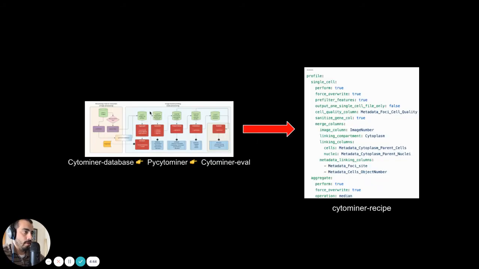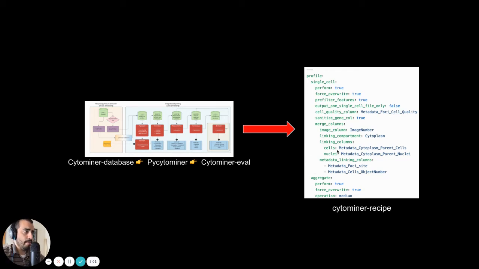And so this is a pipeline that you can then abstract to make it more easily executable. And so this is what our recipe consists of, essentially experiment-specific metadata that are going to be important for various steps along the pipeline.